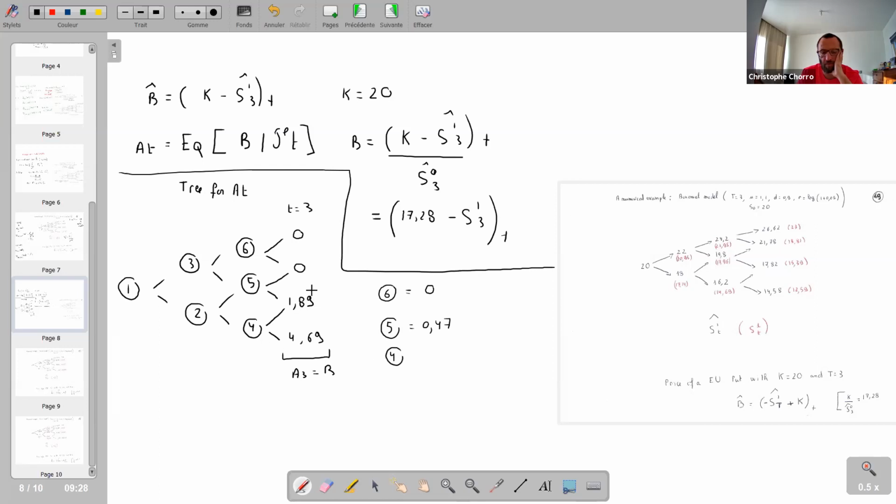For node 4, it will be 3 over 4 times this quantity, plus 1 over 4 times this one. So I obtain here 2.58. To obtain this one, it will be 3 over 4 times this one, which is 0, plus 1 over 4 times this one, that is 0.47, and so on. Okay, so I write it 3, 2, 1.